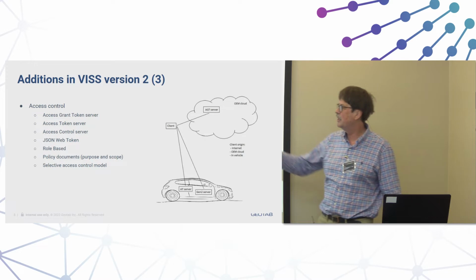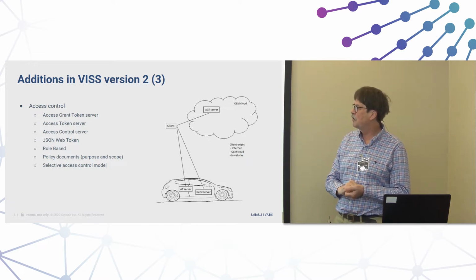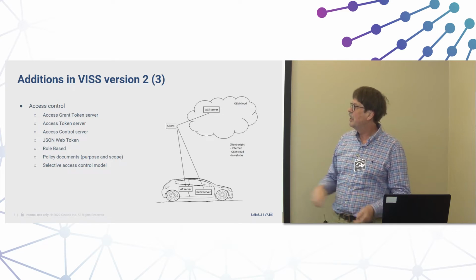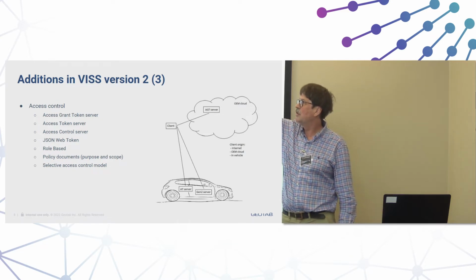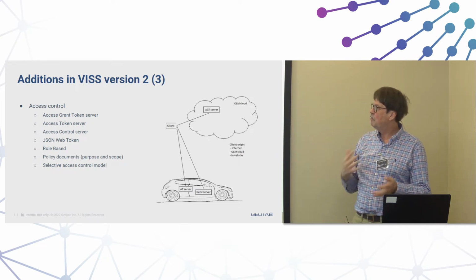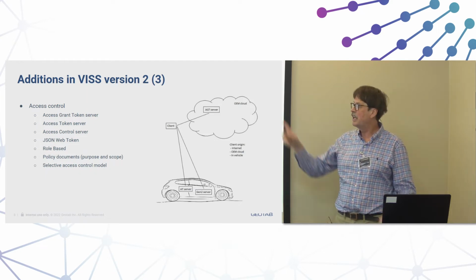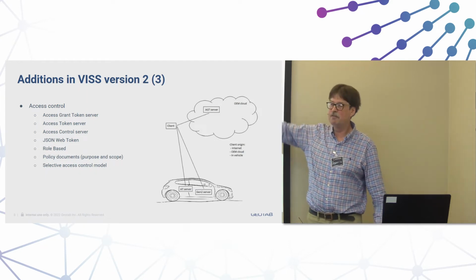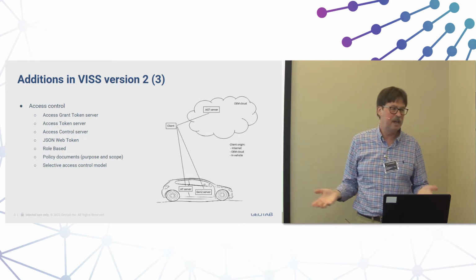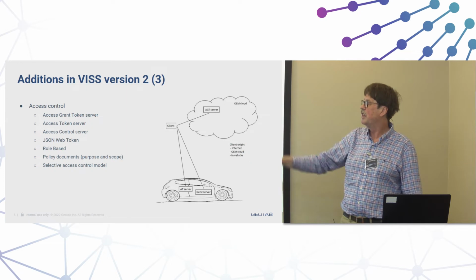The client in the next step must contact the access token server, which is typically deployed in the vehicle, and send down the token it got from this first step, together with more information about what it wants to do, because it can use this token multiple times for multiple requests until the expiry time runs out for that first token.